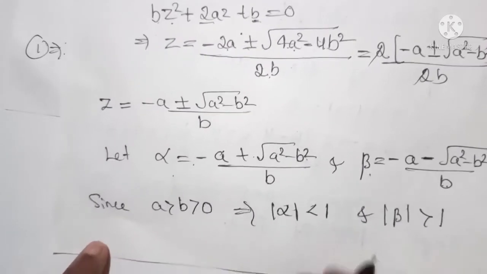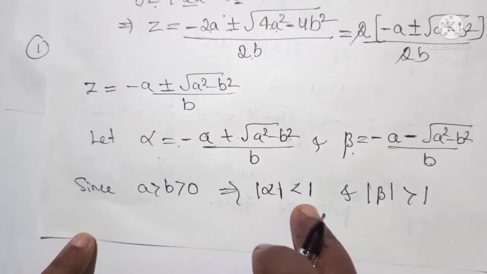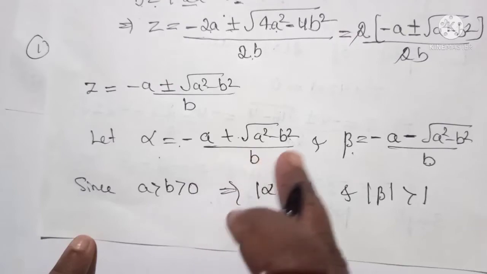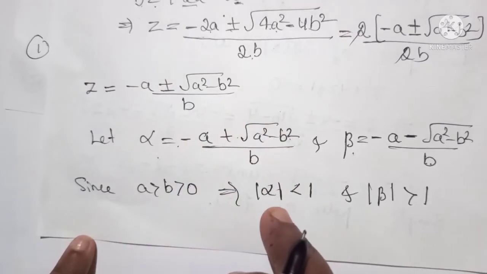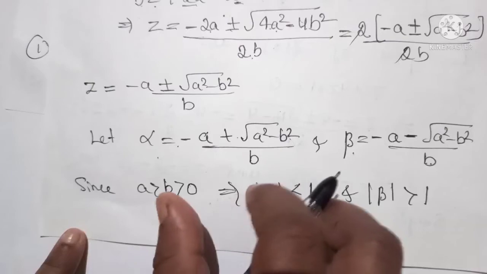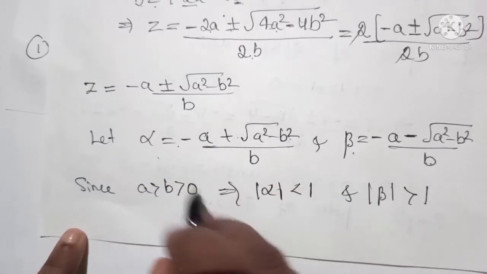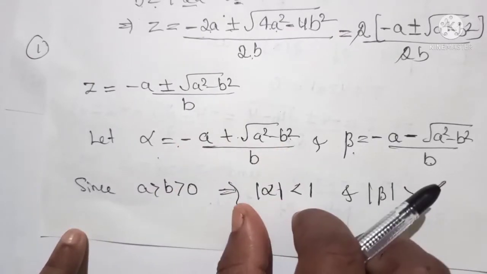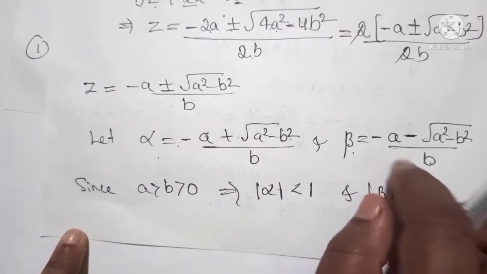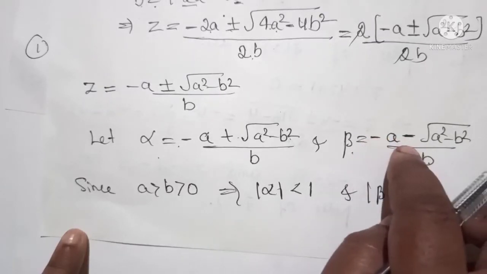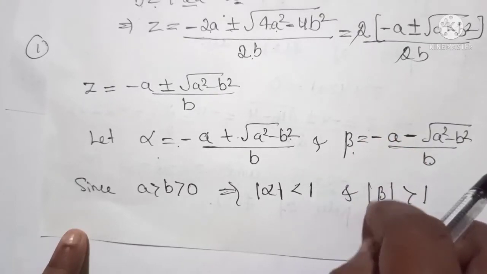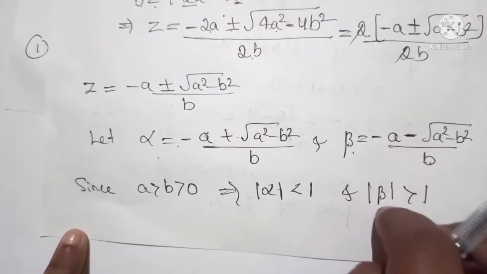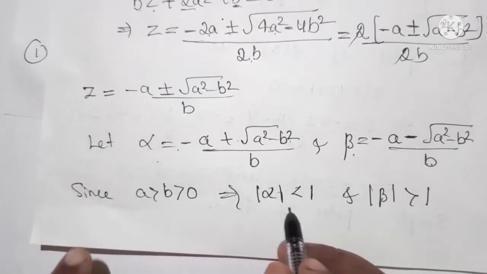Because here a is greater than b, so we subtract and get a smaller quantity for alpha, and for beta both are minus signs, so we add and get a greater quantity. On taking mod the minus sign goes, therefore we get greater than 1.